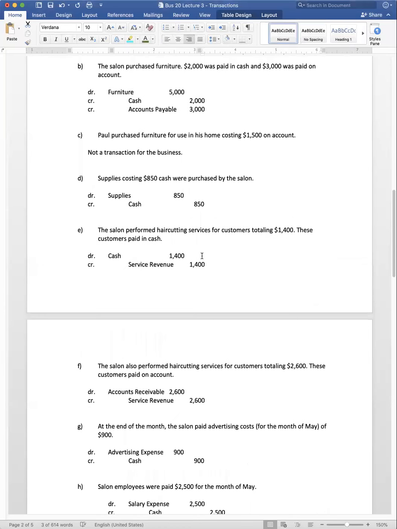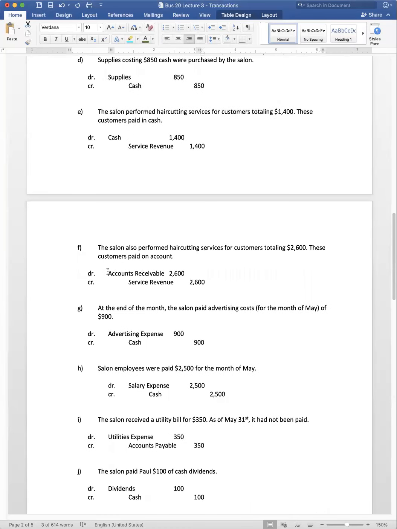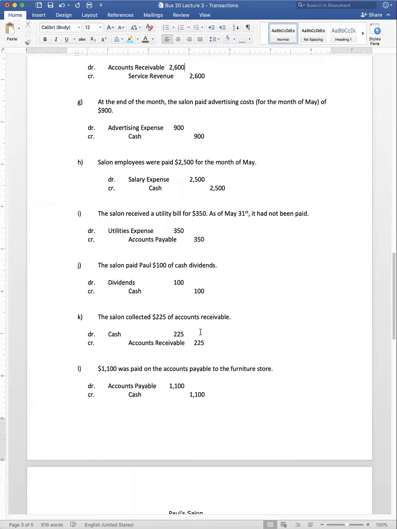Okay, oops. All right, and then there's one more. We have, oh, where is it? We have accounts receivable. That's an asset too. But accounts receivable, we had a couple of things happen, right? We had $2,600 of accounts receivable here, but then remember, down here in K, $225 of that was paid off.